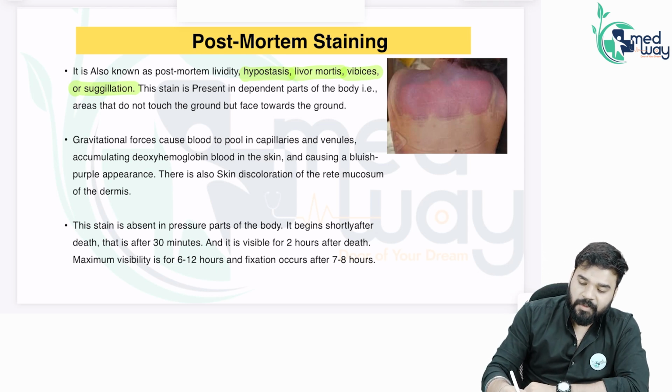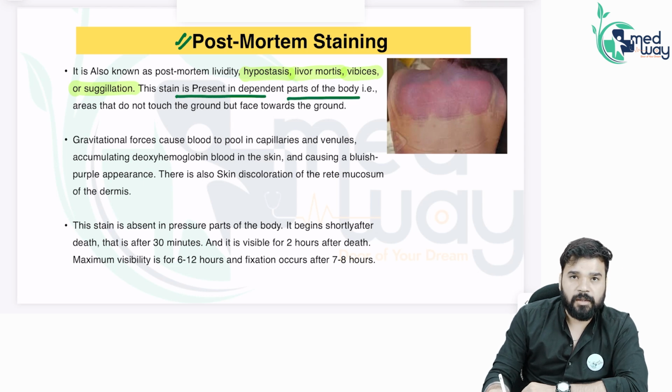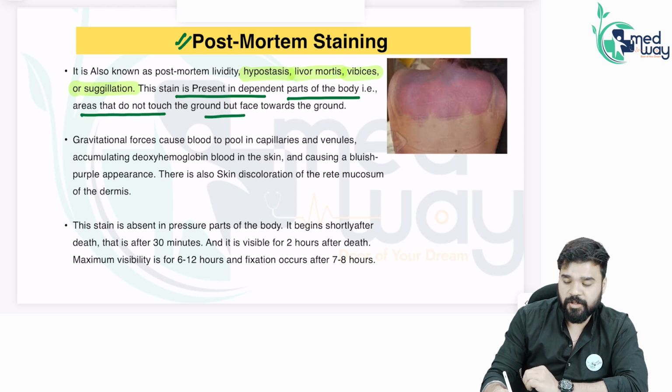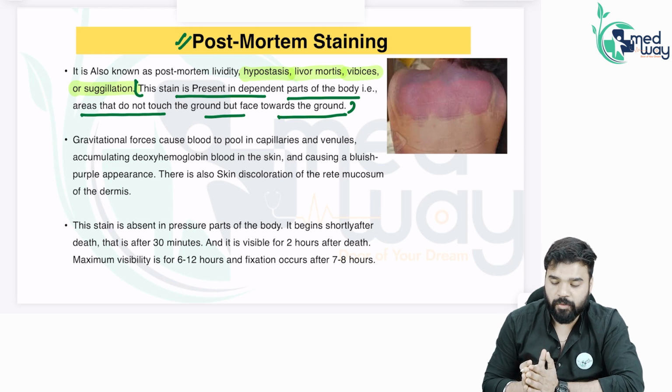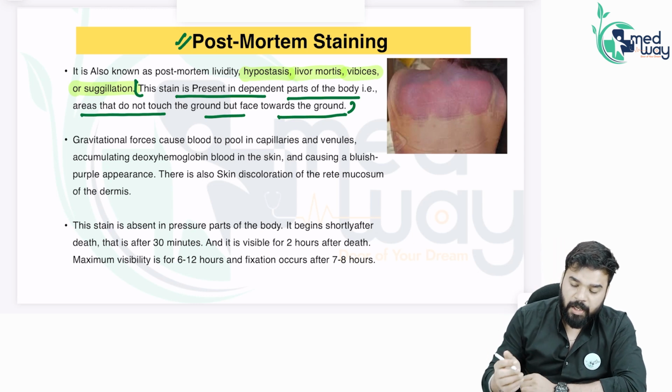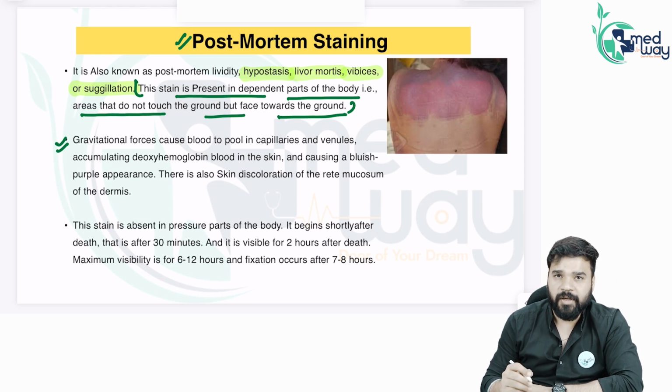So what PM staining is, the stains will be present in the dependent part of the body. Okay, that is the area that faces towards the ground. Basically it is present on the dependent part of the body, the area which will touch the ground. Okay, and why is there PM lividity?